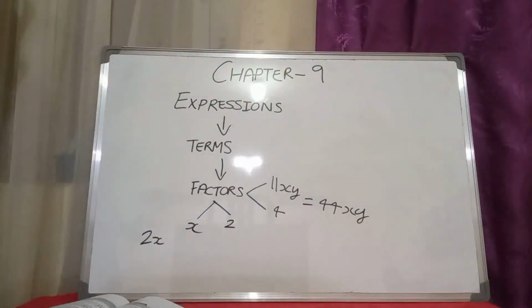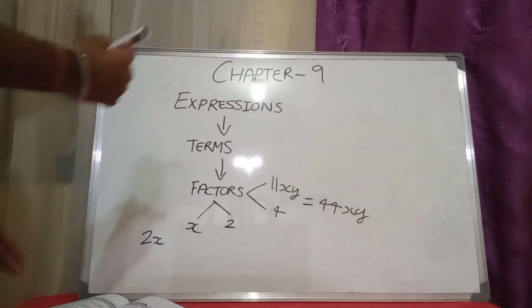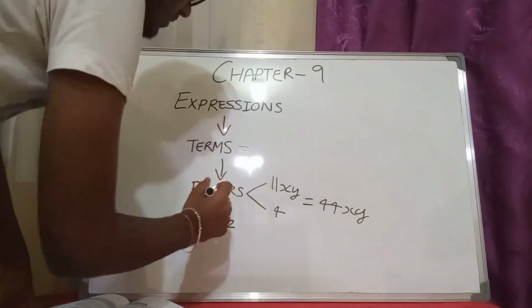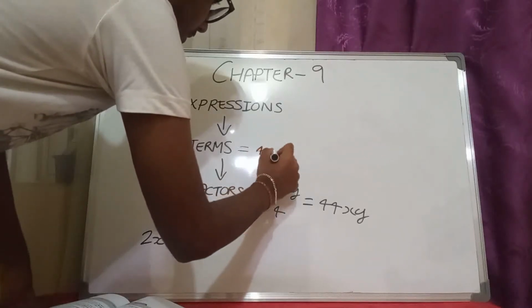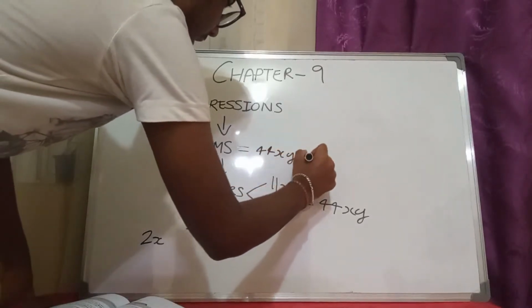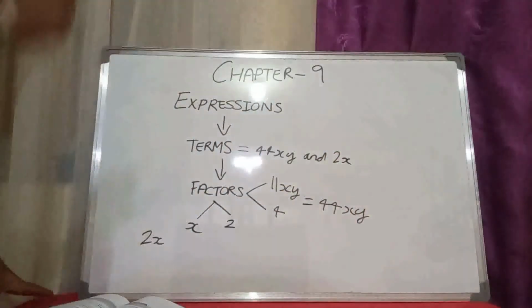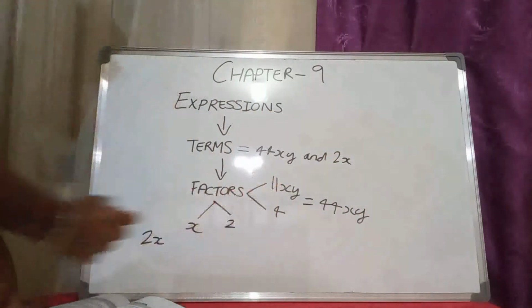So simply, terms mean any two or more than two coefficients, when they are multiplied, give rise to terms. So we get two terms now, that is 44xy and 2x. These are the two terms after multiplying these factors.